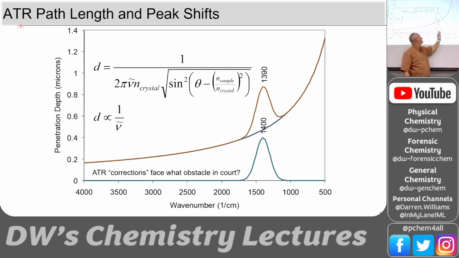If this peak was transmission at 1400, and you got, say this is a cocaine sample, whatever, 1400, you put it in the ATR, it shows up at 1390. And so that's where originally this faced some obstacle in court, because the libraries were all transmission libraries, but then when they wanted to use the new sampling technique of the ATR, all their peaks were shifted a little bit. And they're like, well, you said cocaine was 1400, and your peak says 1390.